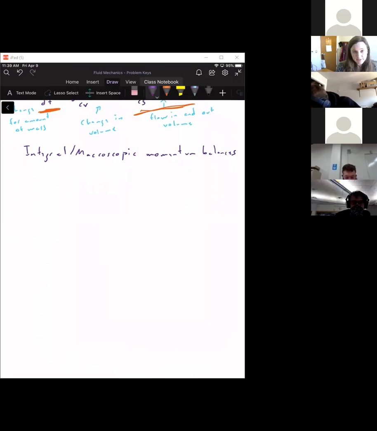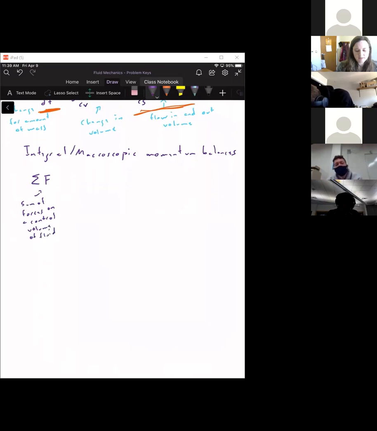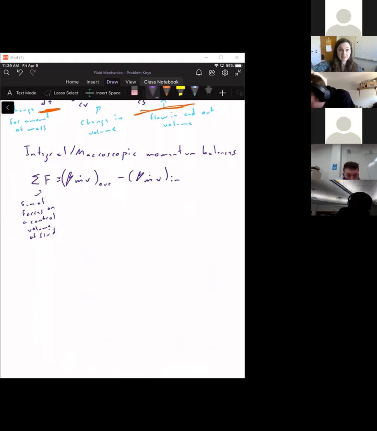But what we would find is that the sum of forces on a control volume of fluid is equal to beta m dot v out minus beta m dot v in, which just means that if the momentum of a fluid changes, you gotta put a force on it to do that.